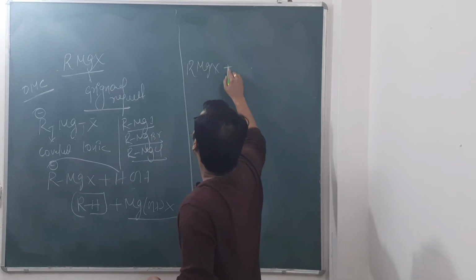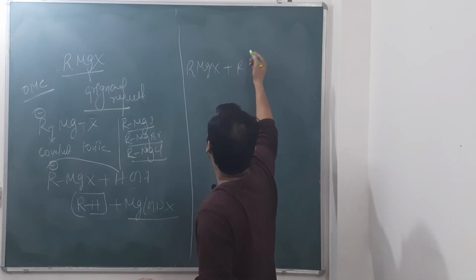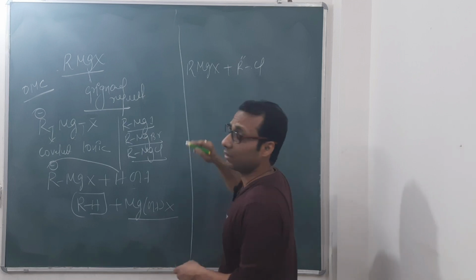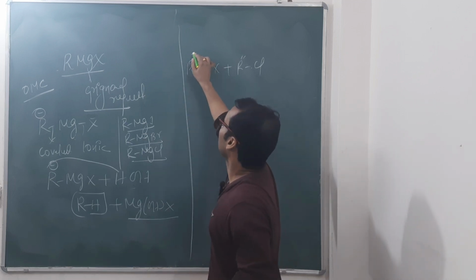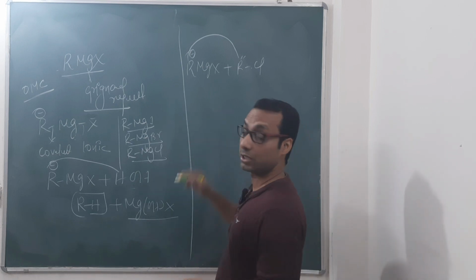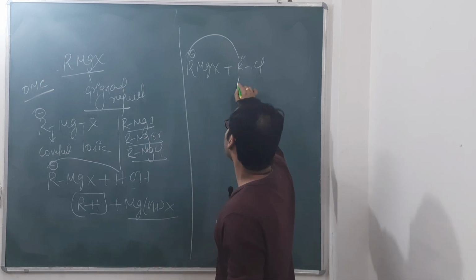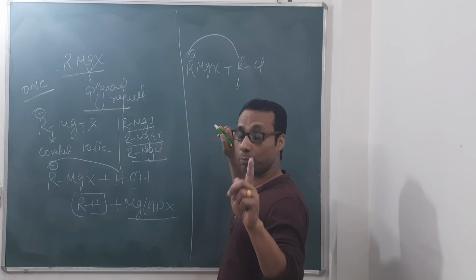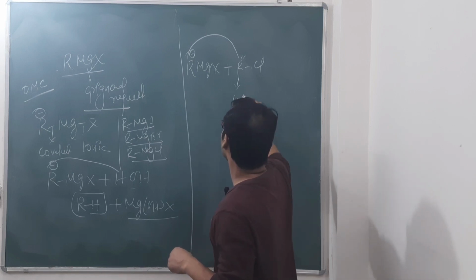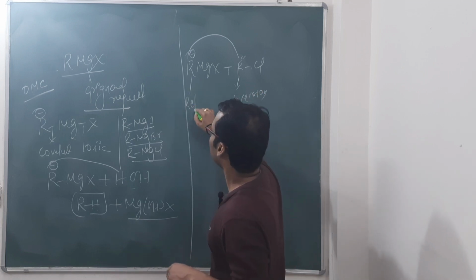RMgX, when we take this R dash Cl, remember, it is going by the SN2 process. So this alkyl group is going to attack, and the process is SN2. It means that this alkyl should have inversion, and here is the inversion alkyl, and here is the retention alkyl.